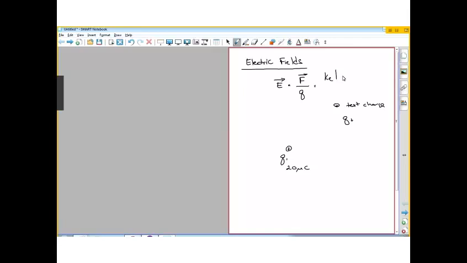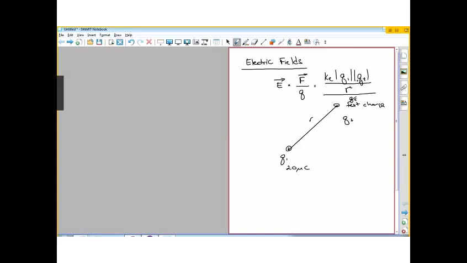So the force is going to be the magnitude of the charge in question times the magnitude of the test charge divided by the distance between the test charge and the actual charge of interest here. So that's R. And then we divide all of that by Q. The Q is the test charge.